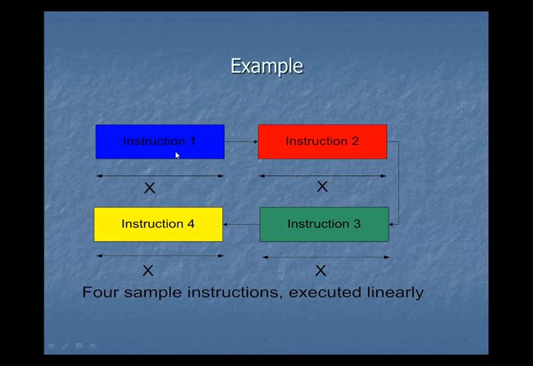Then the next example: instruction 1, instruction 2, instruction 3, instruction 4. At last, the main operation is performed. There are 4 instructions: 1 transfers its output to 2, 2 to 3, and 3 to 4. These 4 sample instructions are executed linearly, that is, in a linear fashion.